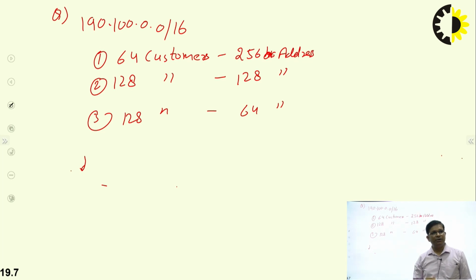So first of all, we need to identify the basic phenomena to design the subnet. There are two phenomena. One is based on the number of hosts requested by the customer. In this question, he is requesting that 256 addresses should be available in one subnet. The particular person can divide 256 based on their request, based on their demand.